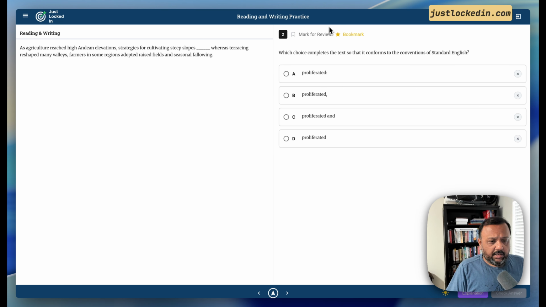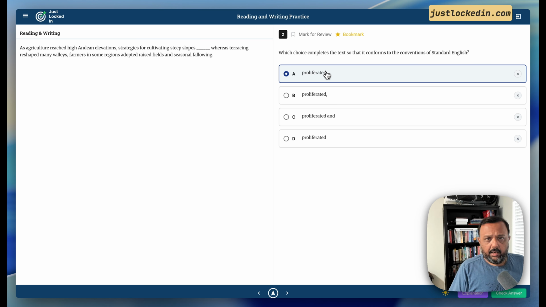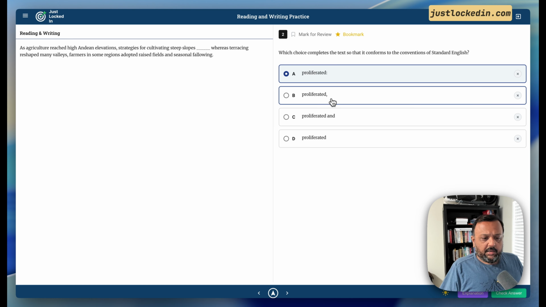All right, so let's go through the options. "Proliferated colon" might actually be a good answer because it's grammatically correct, but with a colon we need to make sure the whole thing is semantically correct. It conveys the right meaning: it makes a statement and then it gives an example. Let's look at the other ones.